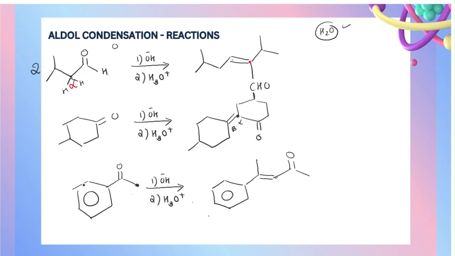And then the ketone is attached to what? A methyl group like this. So outside we have two carbons. That means there has to be four carbons here. 1, 2, 3, 4. And look at this. This is alpha beta unsaturated. Everywhere it is alpha beta unsaturated. So this is how you have to write the aldol condensation products in one step.